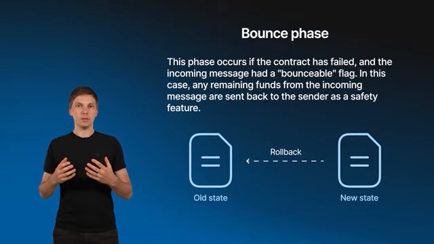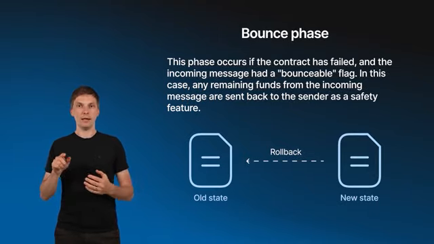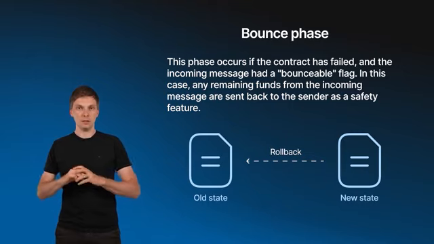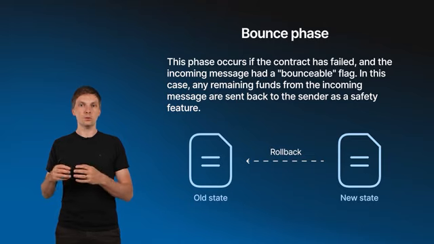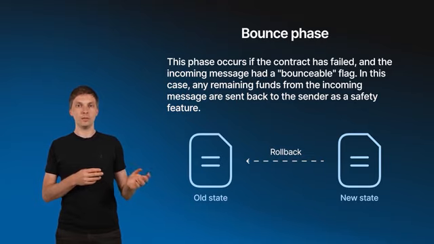This happens if the contract failed and the incoming message had a flag saying, I'm a bounceable message. It means that at this phase, if there's any failure and there's any money left from the incoming message, then the contract would create the outgoing message back to the sender to bounce the money back.